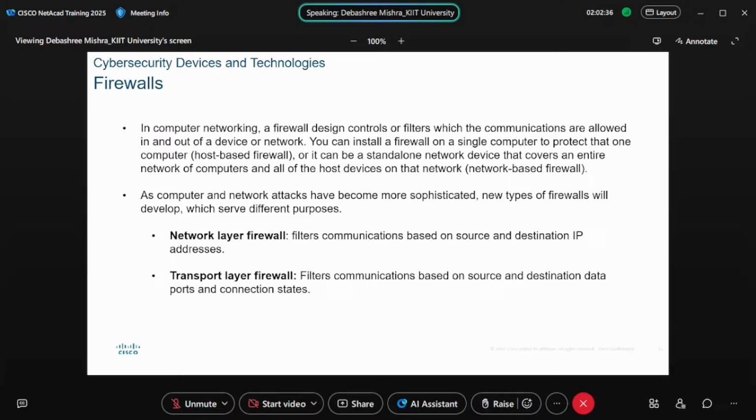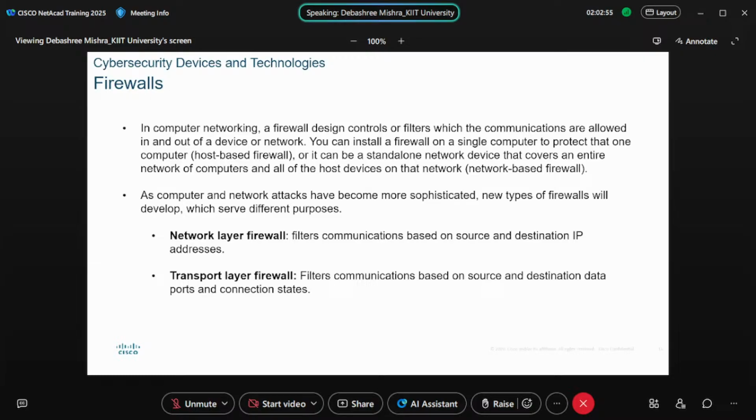The second one is based on your source and destination data ports and the connection. Okay, understand these two differently. The first one is based on IPs, both source and destination. The second, your transport layer firewall, is based on your source and destination ports and the connections, how it got connected.